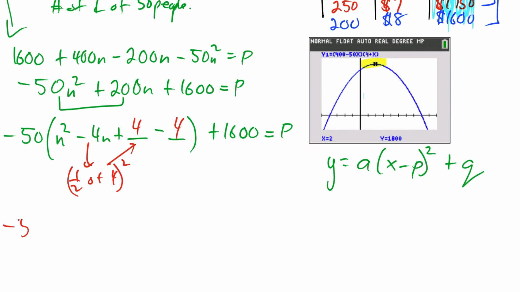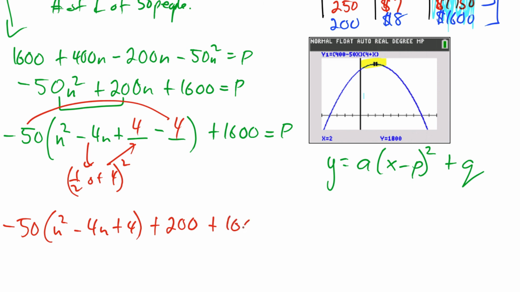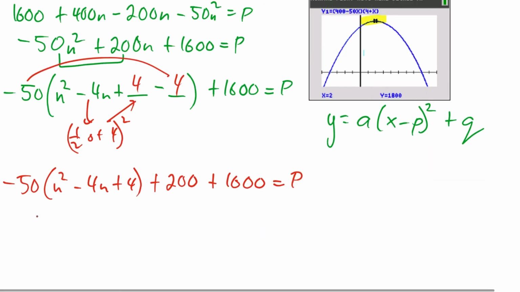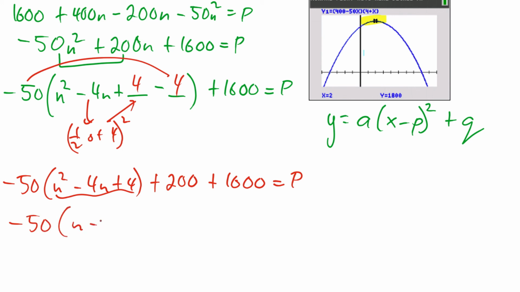We're then going to isolate our 3 terms in the brackets, because these 3 terms are a perfect square. We're going to take out our last term, which is negative 50 times negative 4, which is 200. And we're going to factor our perfect square as n minus 2 squared.